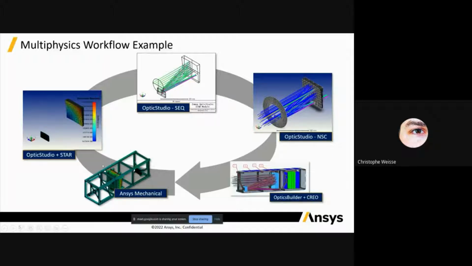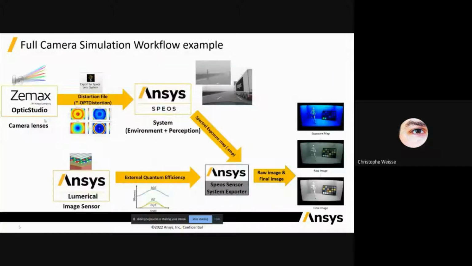We have a specific link from ANSYS Mechanical to export the data natively to the STAR module. So it really integrates well in the STOP workflow that you may want to use, but it can also create new possibilities, for instance, for a full camera simulation workflow.